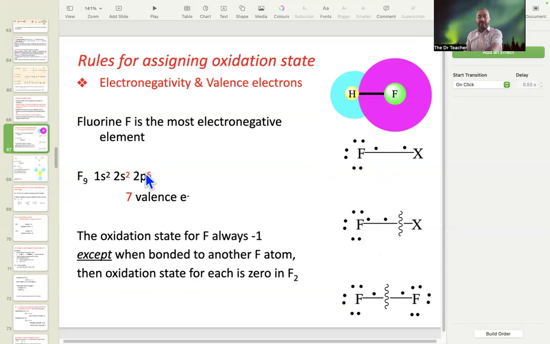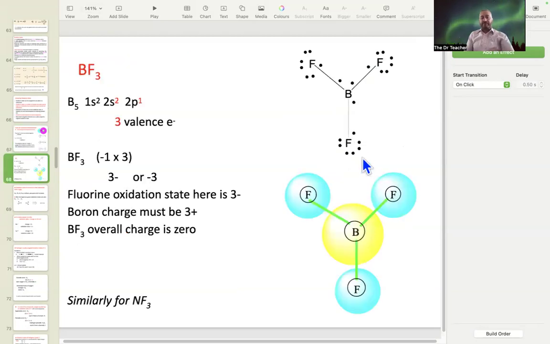7 means 3 lone pairs and 1 single. So here you can see 3 lone pairs and 1 single. This single electron can gain another electron from boron to form a single bond.